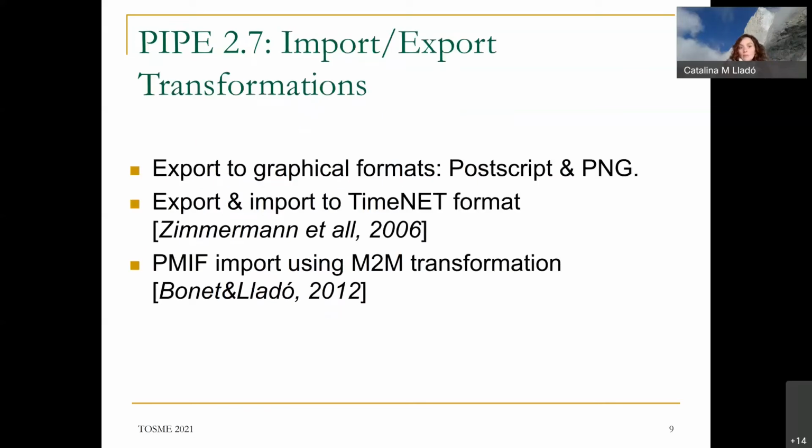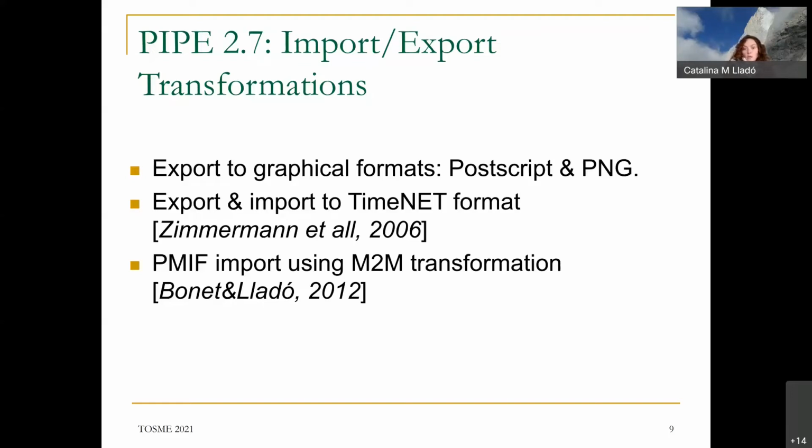Then this is quite specific to PIPE, I think, so other tools don't have it, which is the import and export transformations. The basic one is to graphical formats. This one, of course, the other tools also have. But import and export transformations to other tools' formats, like there is one for TimeNET format, and to other formalisms.